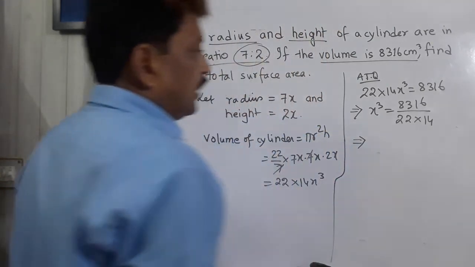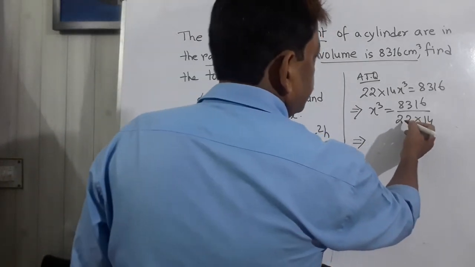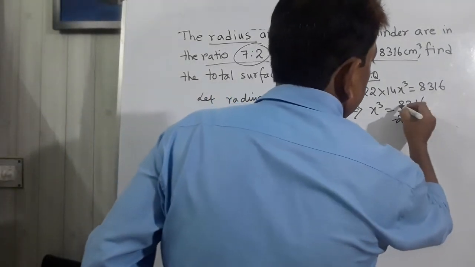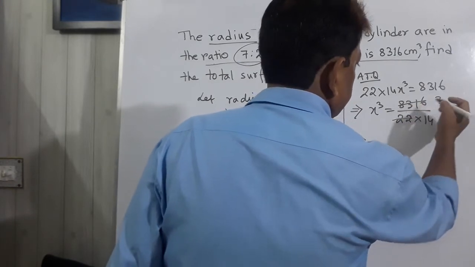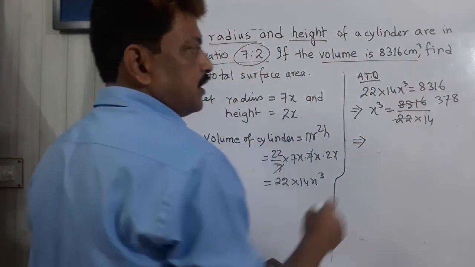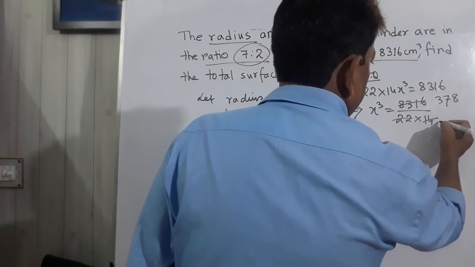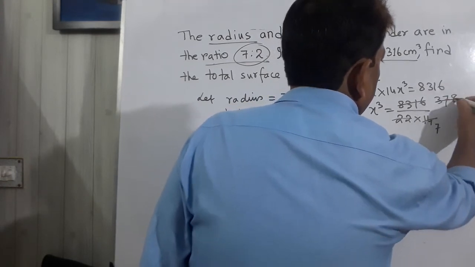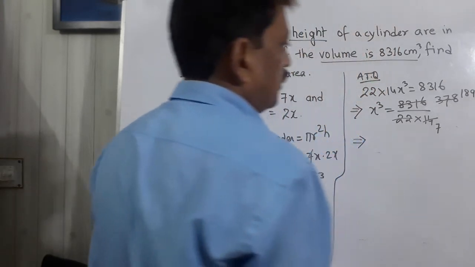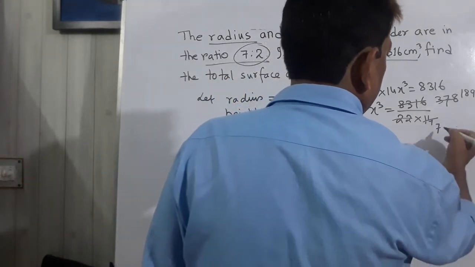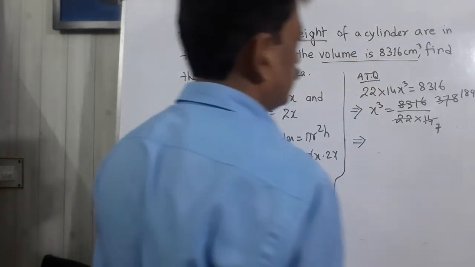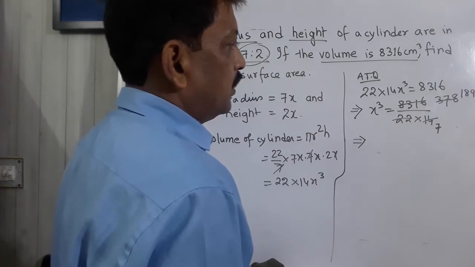Okay, so we have to calculate this. After cancelling and dividing, we get 189.